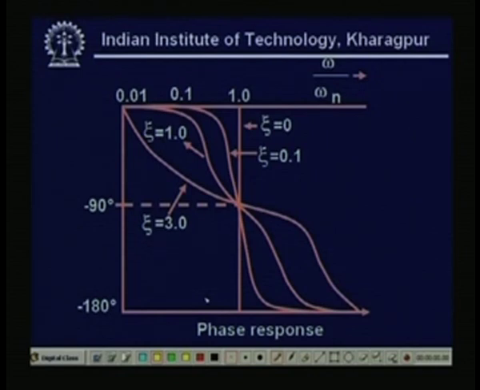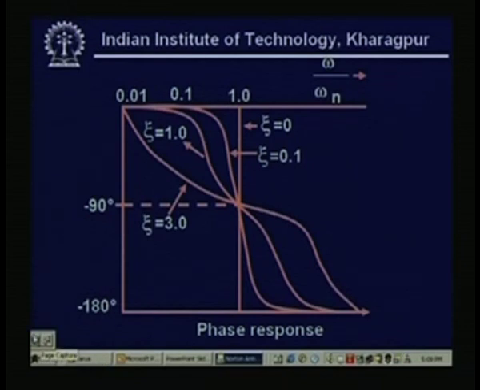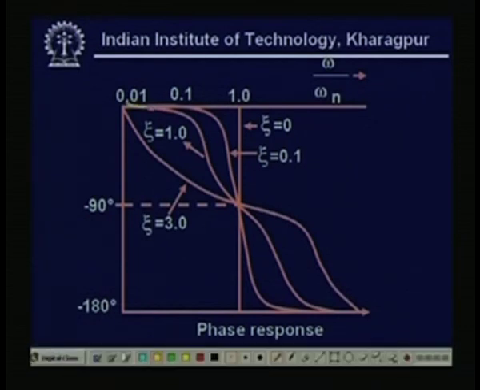The response will go like this, a totally discontinuous curve. It goes from 0 degree to minus 180 degree.